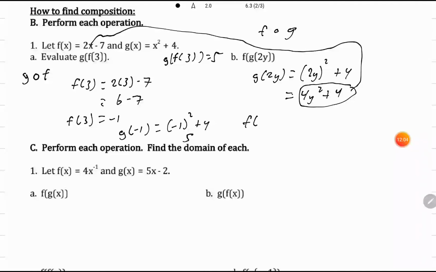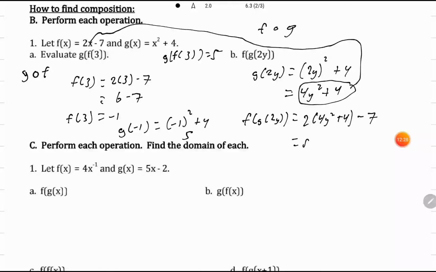So f of g of 2y is equal to 2, and every time I see an x, I'm going to put 4y squared plus 4, minus 7.